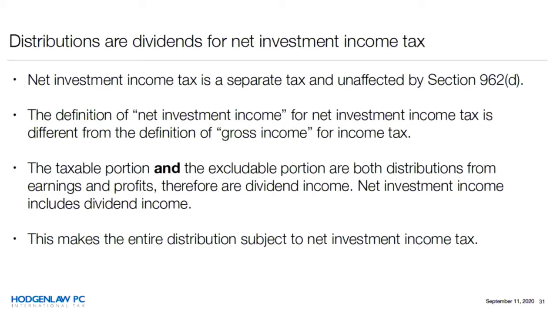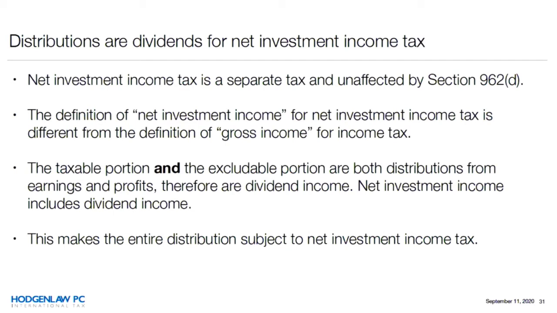The important thing to remember for net investment income tax is it stands in its own little chapter of the Internal Revenue Code, quite apart from the income tax rules. So whatever income tax rules you think apply have no impact. Your magic has no power here, right? So for net investment income tax, we start from ground zero to determine what is the taxable income and then apply the tax rate to it.